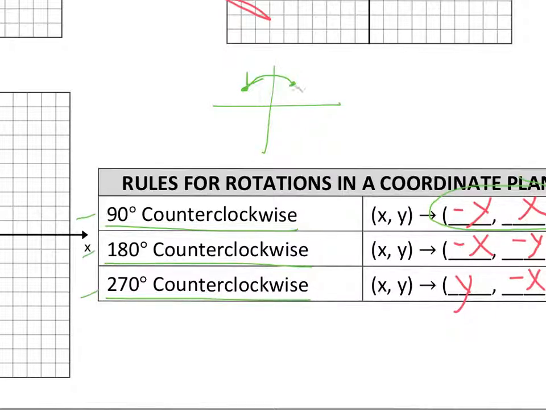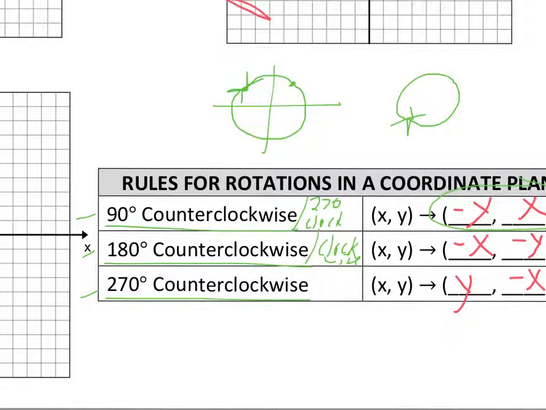But 270 degrees clockwise would be the same as 90 degrees counterclockwise. You're going to do the same thing with 270 degrees clockwise. And again, same thing for 180 counterclockwise. If we went 180 counterclockwise and then I went 180 clockwise, aren't those two going to end up in the same place? So that's the same as clockwise.